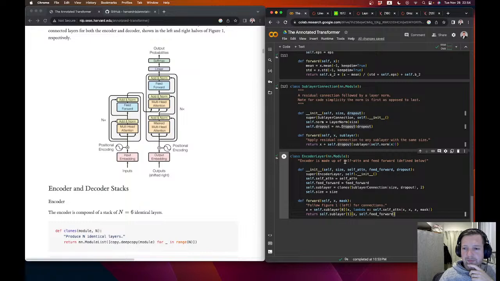Well, I guess we clone this twice, sublayer connection twice, the sublayer connection we just discussed. I guess that's this bit. These are just feed forwards then, I guess.